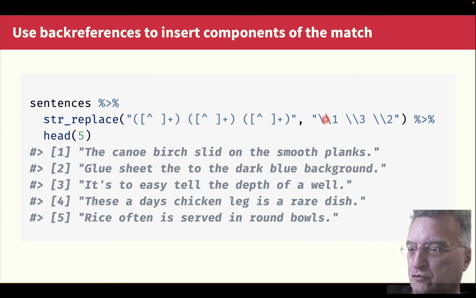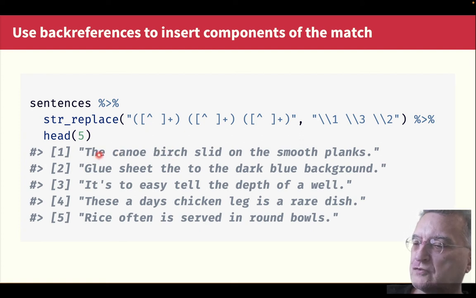The first word is going to still be the first word, but second we're going to have the third word, and third we're going to have the second word. So we're swapping the location of the second and third word. So instead of the birch canoe, we're saying the canoe birch, without knowing what the word is that we're actually replacing.